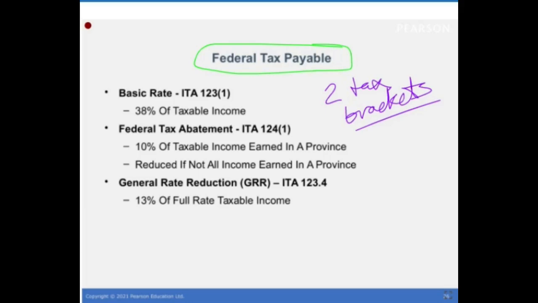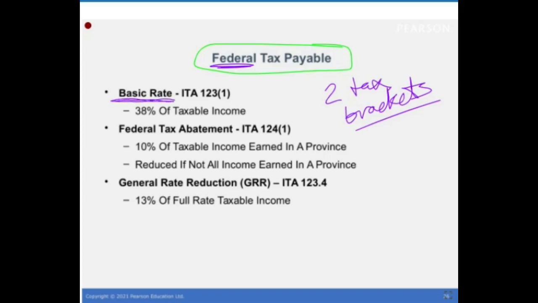So the way that you will do these calculations is that you will calculate chunks of the tax one by one, starting with the highest amount and then slowly reducing it. So the first part of the tax is going to be, and this is just federal, this is not the provincial. So the first part is going to be your basic rate.